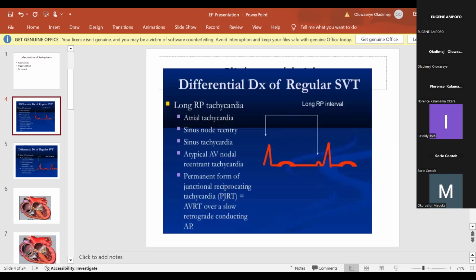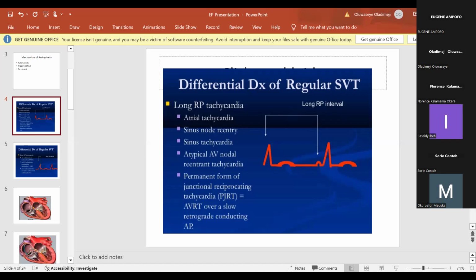So one other important thing we should note that our EP would help us identify is to classify the arrhythmia, especially for SV, so if we're talking about supraventricular tachycardia, they try to classify it under long or short RP tachycardia. Now, it's important to know this long and short RP tachycardia in order to know what type of arrhythmia you are dealing with.